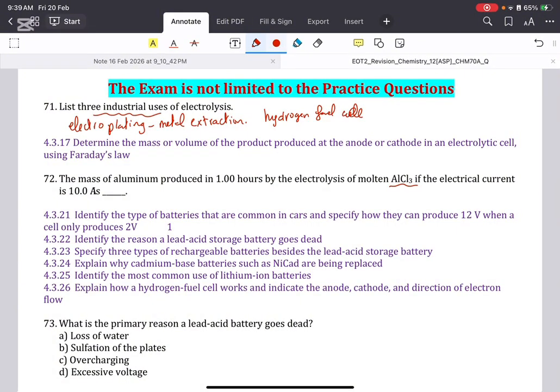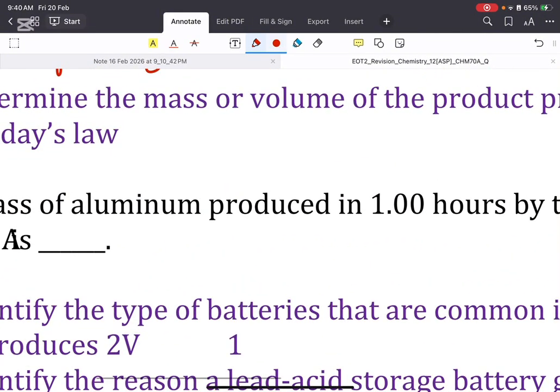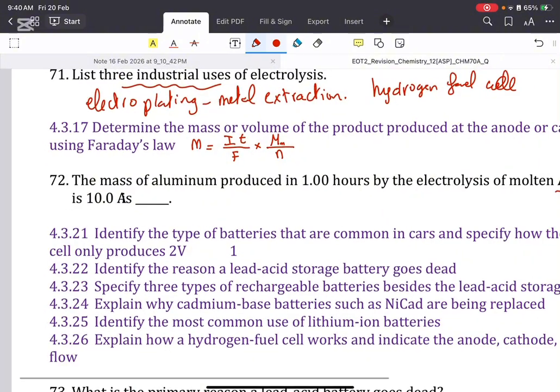The formula that I'm asking you to memorize is mass is equal to the current multiplied by the time, which must be in seconds, divided by Faraday's constant, multiplied by the molar mass in gram per mole, over the moles of electrons transferred.